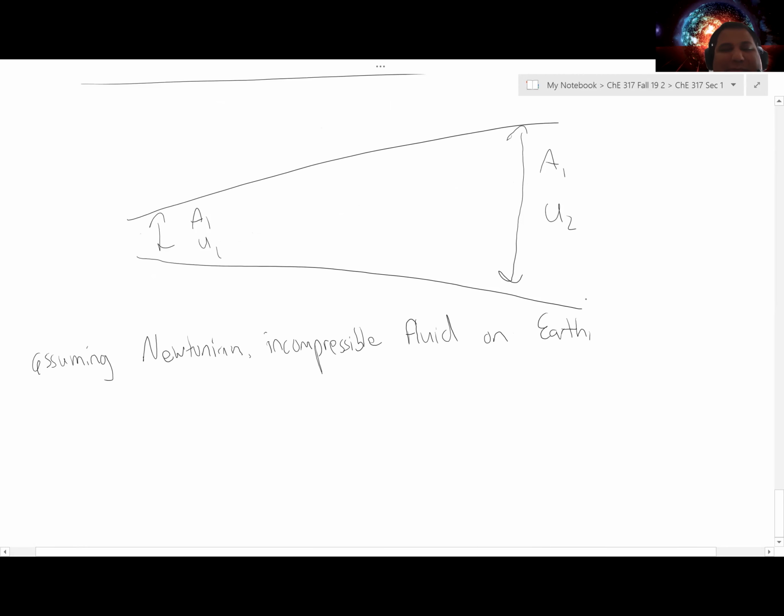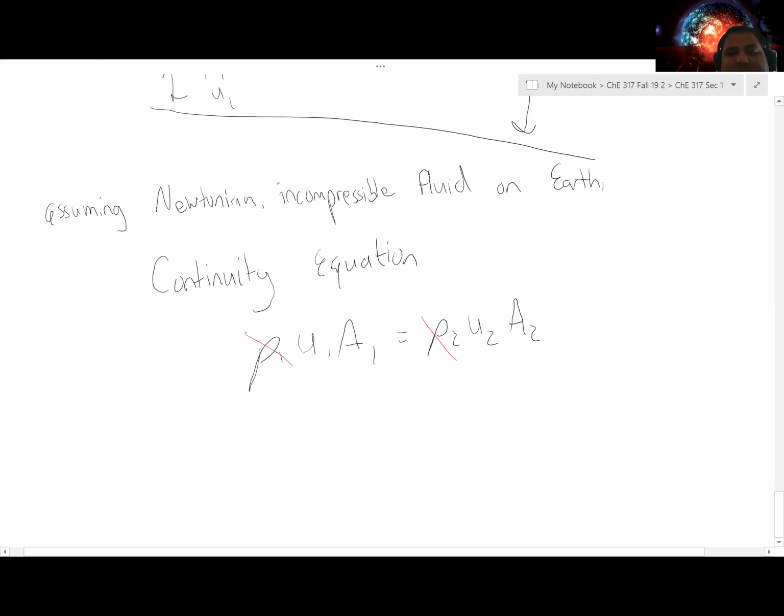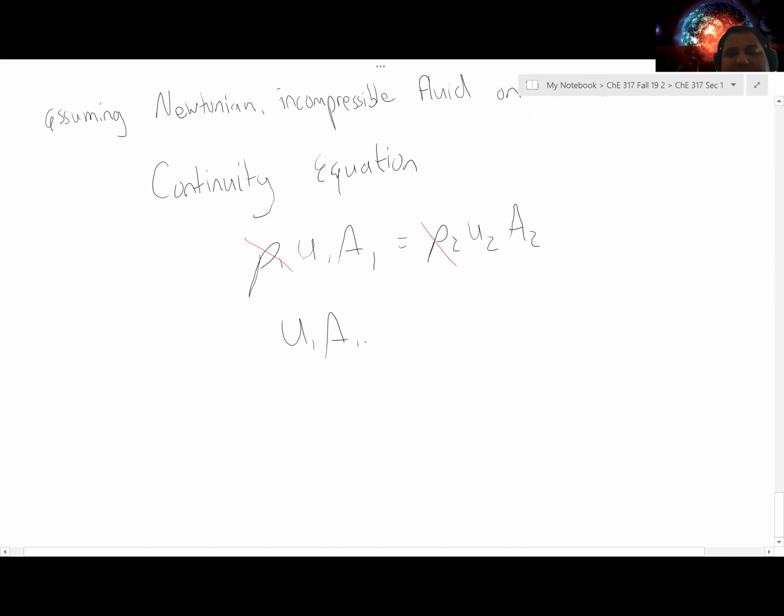If we're looking at the continuity equation, I can say rho 1, U1, A1 is equal to rho 2, U2, A2, doing that comparison between states. I said it's an incompressible fluid, so my densities cancel, which means I'm looking at a comparison between my areas and my velocities.